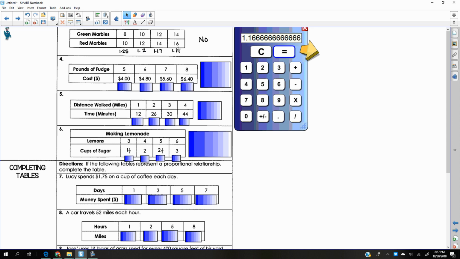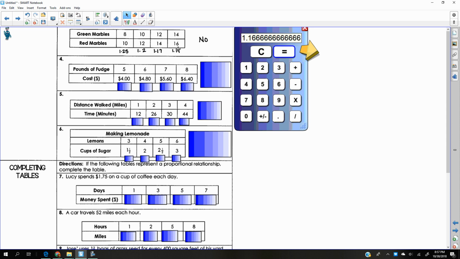All right. Welcome back. Let's check number 4 and see how you did. All right, so here we have fudge. I love fudge. You guys love fudge? All right, so 5 pounds of fudge costs $4. So what is the rate of the fudge?